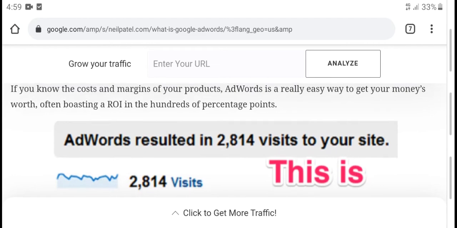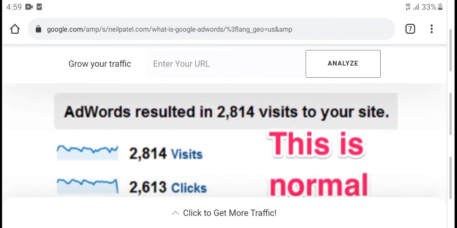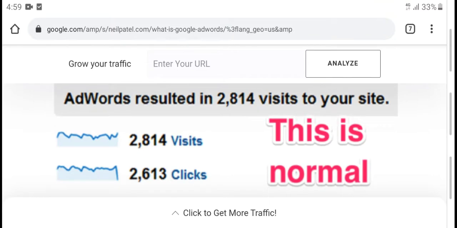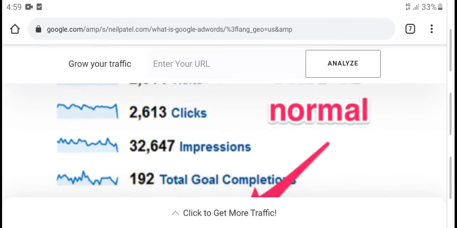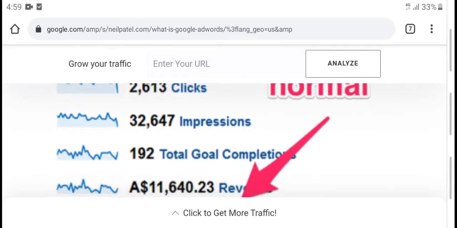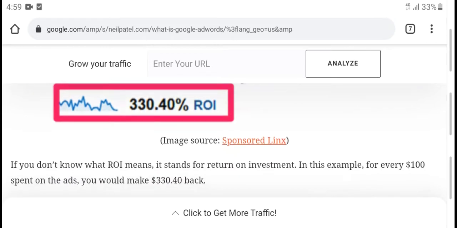first and boosting, AdWords result, and 288 14 visit your site, this normal and impression, total global compression, revenues and ROAS.